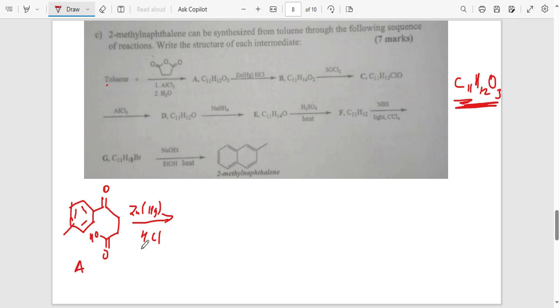Now, what should you know about this mechanism? Every time you see zinc in mercury reacting with a ketone, it will remove the ketone function. It converts a ketone into just a linear alkane. So between this group and this group, which one is a ketone?